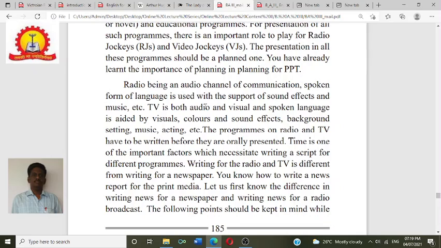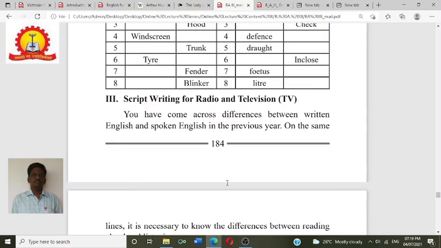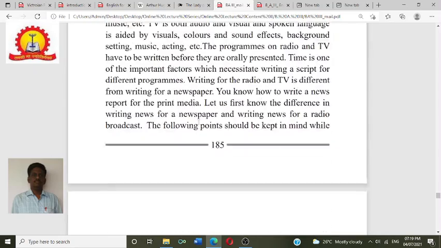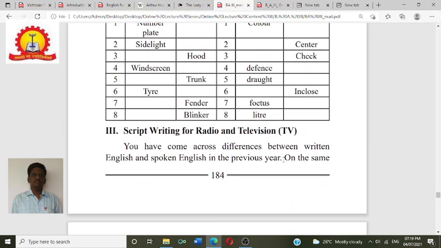In the last session, we started discussing script writing for radio and television. We have already read the introductory part of this unit and tried to understand the difference between writing a radio script, writing for print media, and writing for television media.